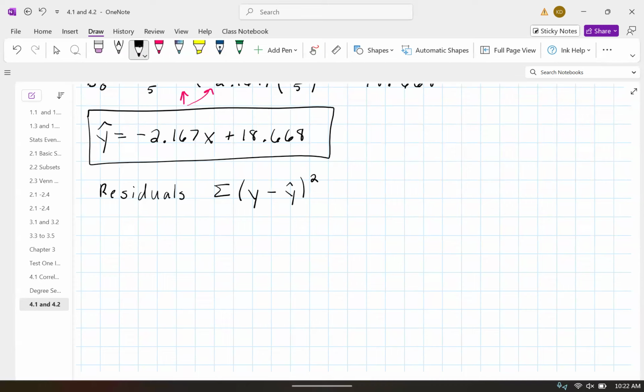The fun part is we get to figure out what our predicted values are. I'm going to use my sheet for this. Our Y values were 18, 13, 9, 6, and 4. My Y hat values, I'm going to find these on my sheet, to circumvent some work here.